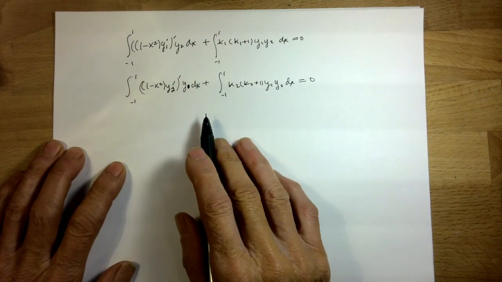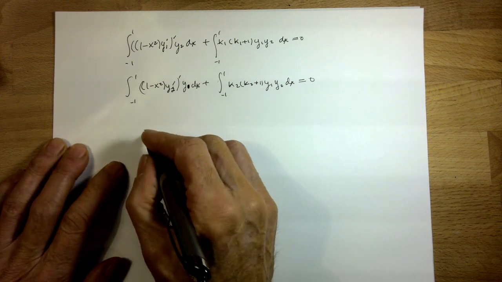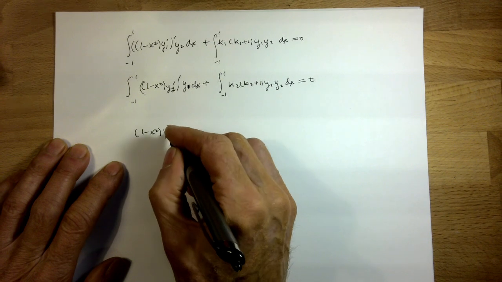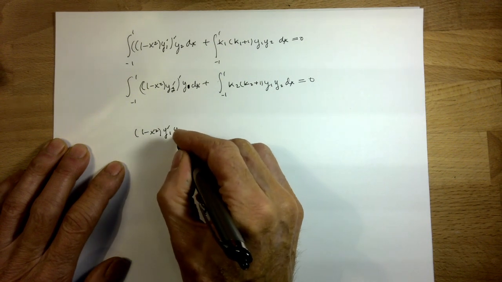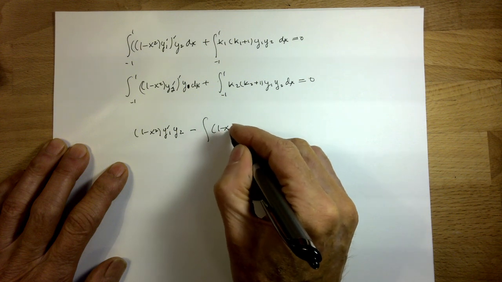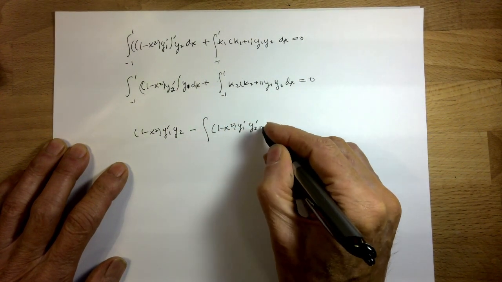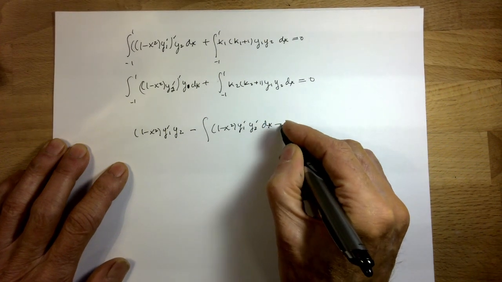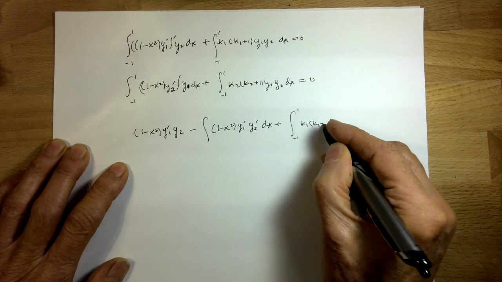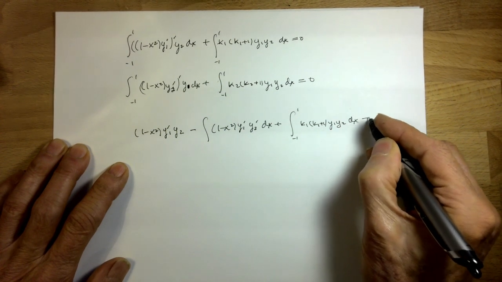Now we're going to apply the integration by parts to these first two integrals, and we're going to get (1 minus x squared) y1 prime times y2, minus the integral of (1 minus x squared) y1 prime y2 prime dx, plus the integral from -1 to 1 of k1 times (k1 plus 1) y1 y2 dx, equals 0.